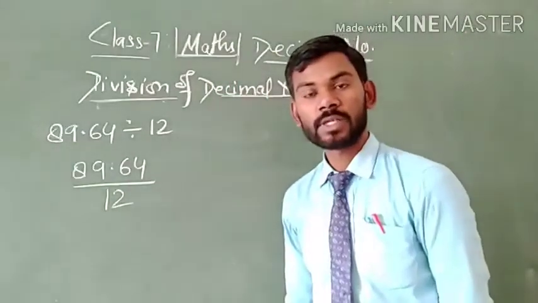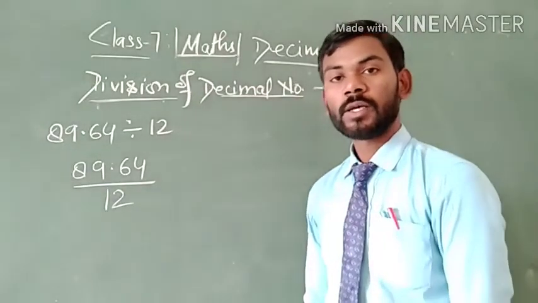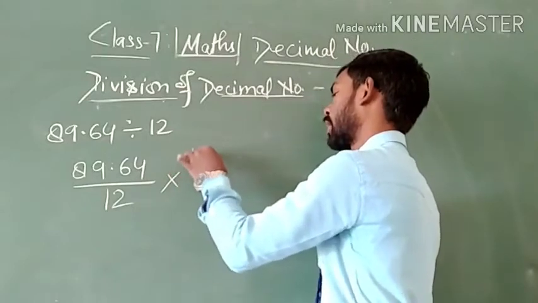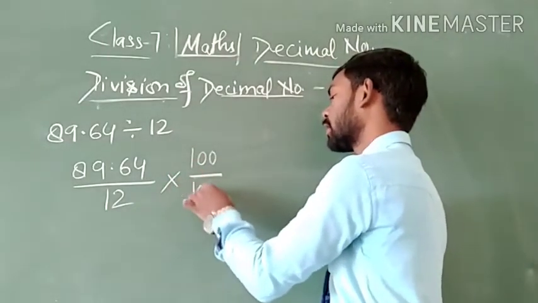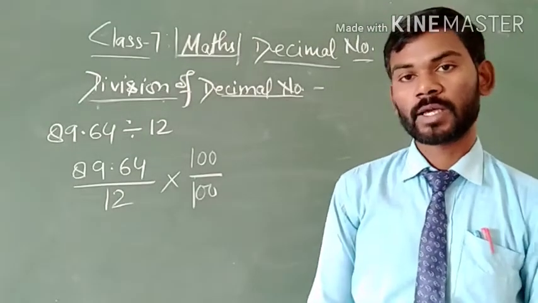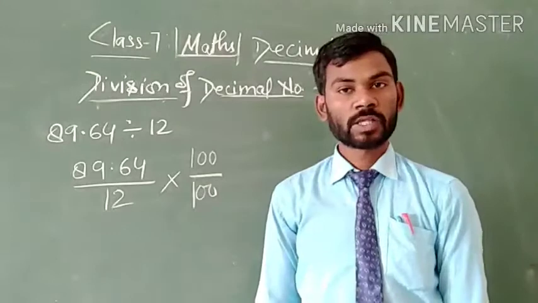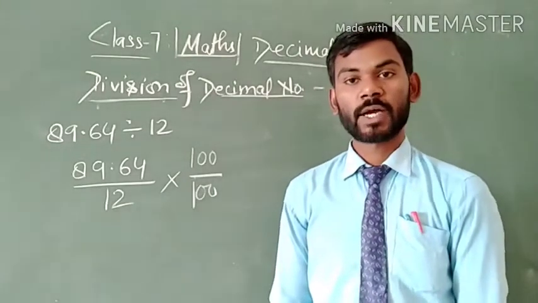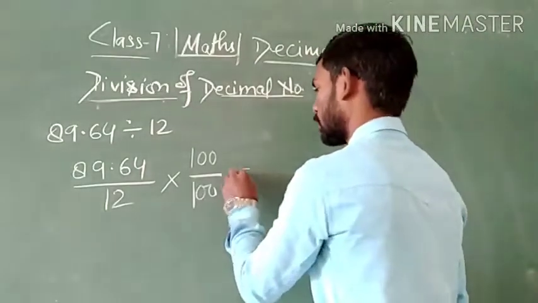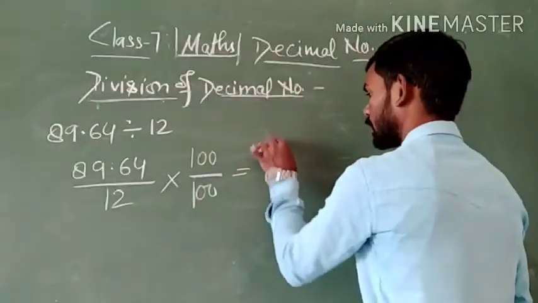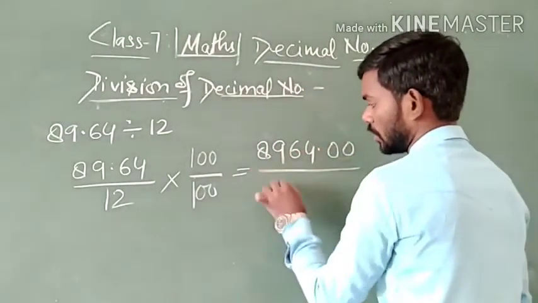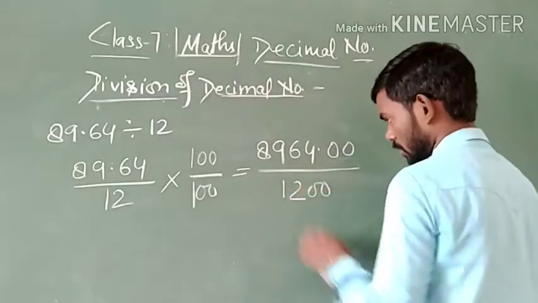Since the number of digits on the right side of the decimal is 2, therefore we shall multiply it by the multiple of 10 which has 2 zeros, which means we have to multiply the given number by 100 as well as divide by 100. So here we get 8964.00 upon 1200.